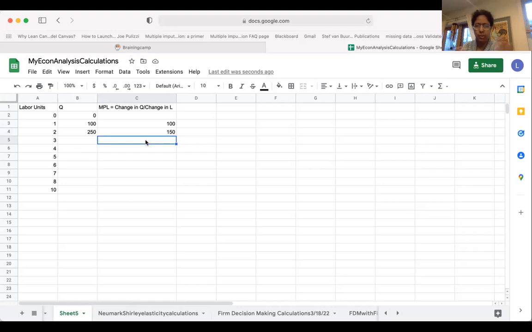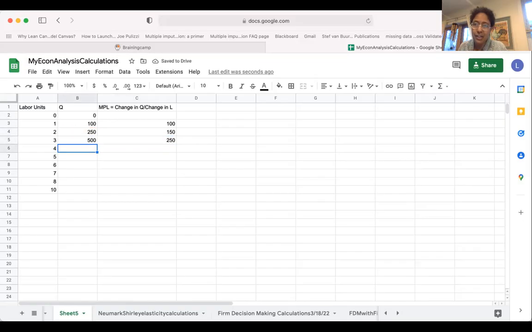I'm going to increase my marginal product again, have it increase even more. So it'd be 250. Once you have increasing marginal productivity, the new workers are adding more than the previous worker added. That's returns to specialization. Add the previous amount to the new amount, and that gives me 500.